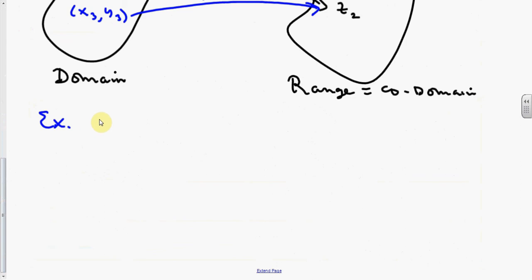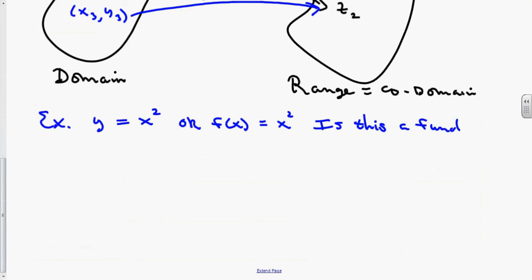For example, if you had y equal to x squared, or you could say f of x is equal to x squared. The question is, is this a function? It's a function.